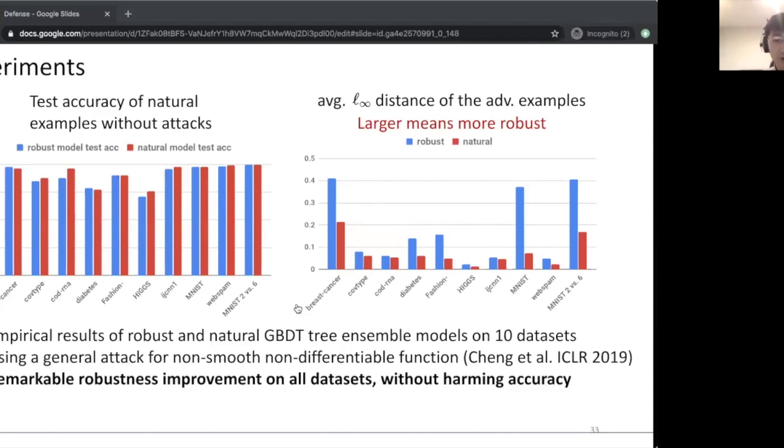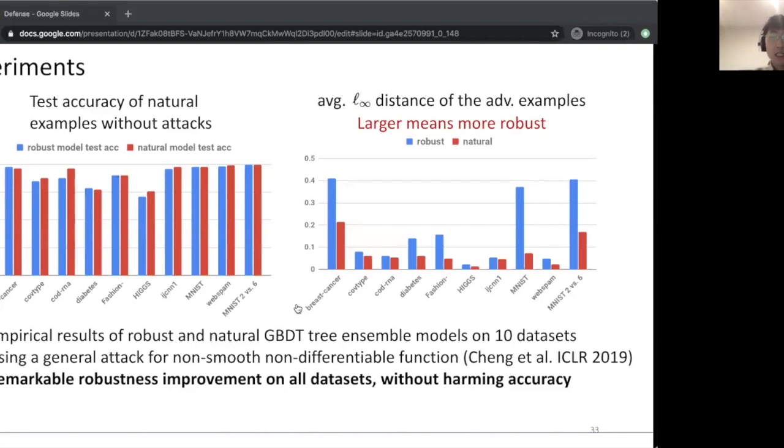They are used for evaluating the robustness of deep learning models. On the left figure, we show the test accuracy of naturally trained tree ensembles and robustly trained tree ensembles on clean data sets without adversarial attacks. We can see that our method achieves similar test accuracy as the natural models.